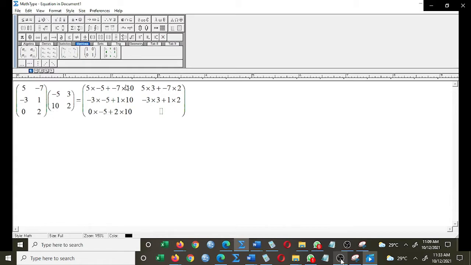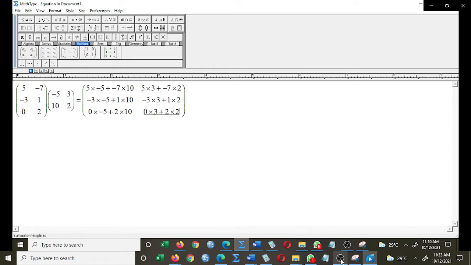And we're going to use the same 0 again. 0 times what? We're going to column 3 now. 0 times 3 plus 2 times 2.